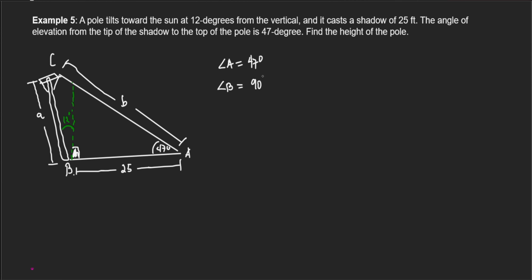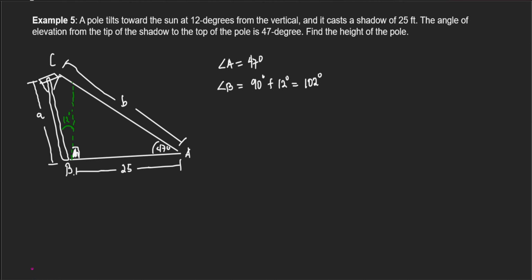So, 90 degree plus 12 degree that is equivalent for 102 degree. Okay, so this time let's identify.